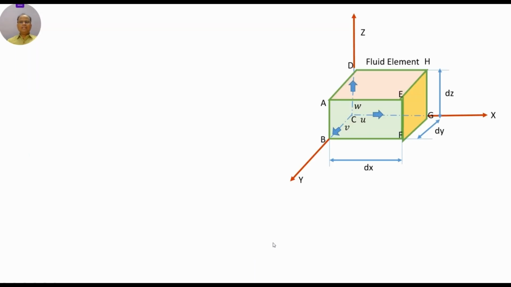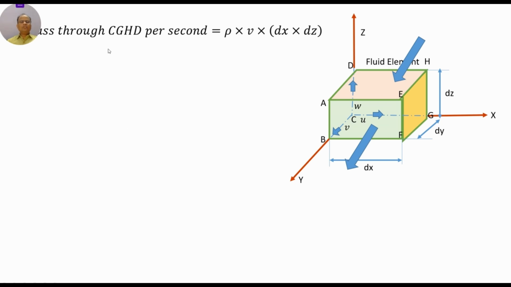Now similarly, we have the same fluid element and we will see the direction of fluid flow in the y direction. So the mass through CGHD per second is equal to rho into v. This v is the velocity component in the y direction, into the area from where your fluid is entering. The area is this way, so this is dx into dz.